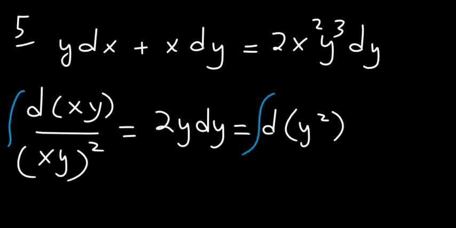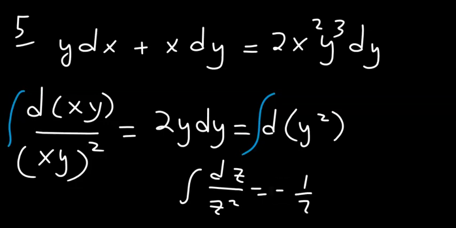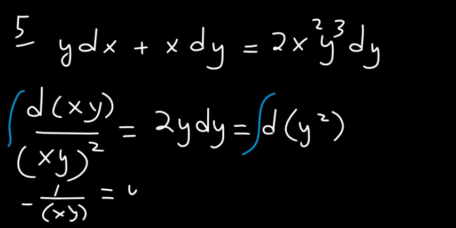The left-hand side, it's like integrating dz over z squared. We know it is just minus 1 over z. So the left-hand side will simply give you minus 1 over xy. The right-hand side is just y squared plus an integration constant, let's call it d.